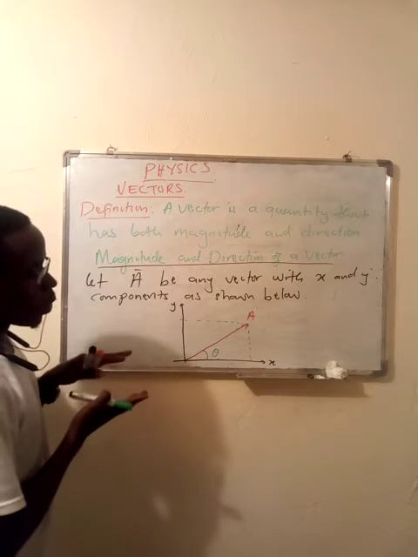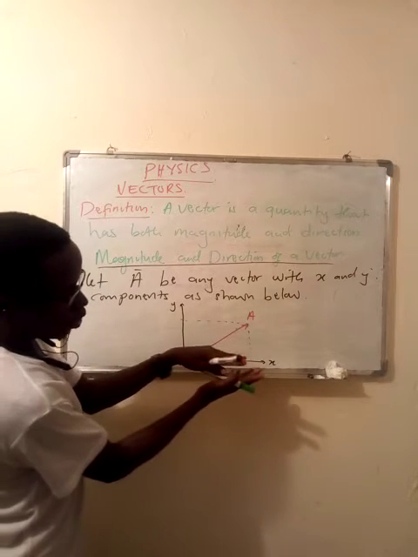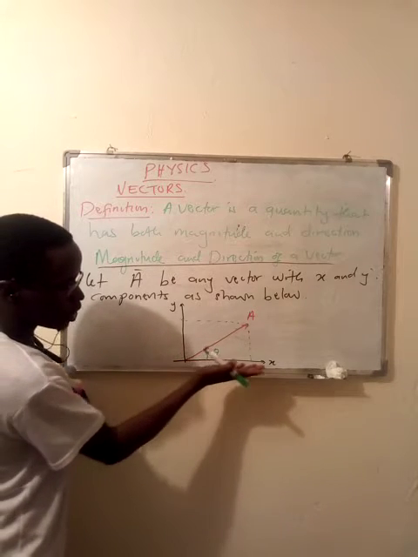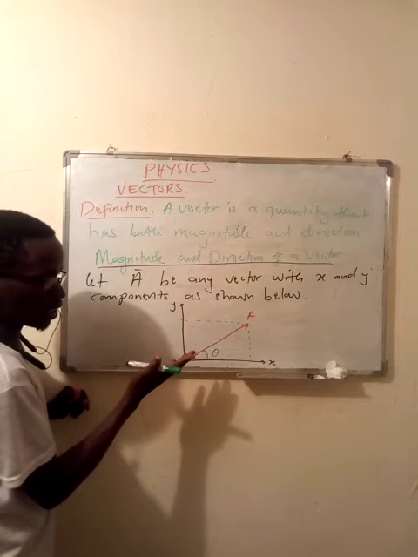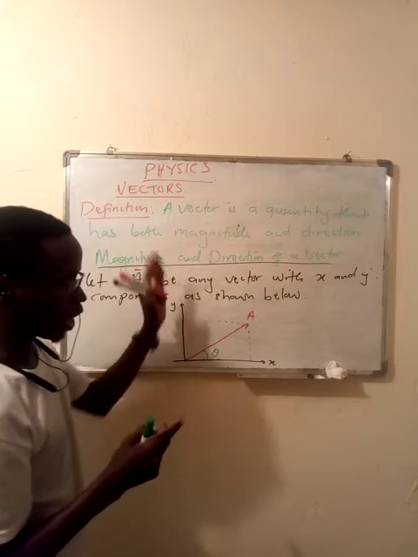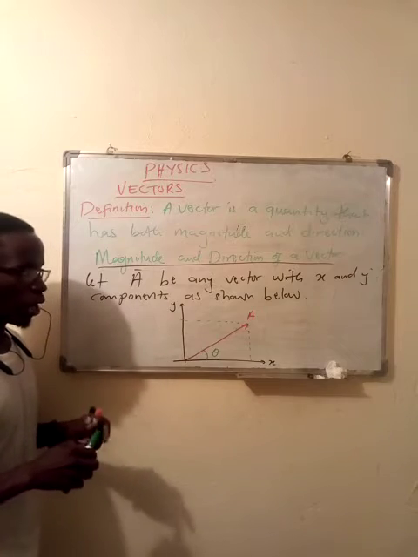Okay, now the x part of this vector, or rather the part which is in the x-axis of the vector, is what is called the x component, and the part which is going up is what is called the y component.